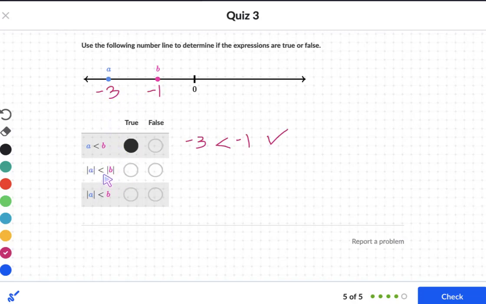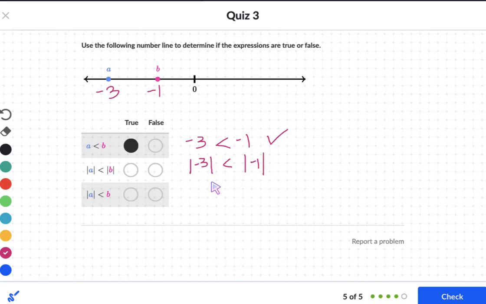Now we have, for the next one, absolute values. So remember, absolute value just tells you the distance away from 0. And remember, we made up these numbers, so we're going to use them. The absolute value of A, which is negative 3, is that less than the absolute value of B, which we said was negative 1? Let's see.